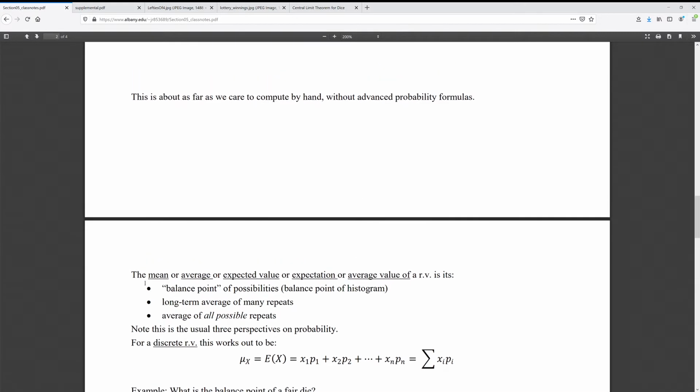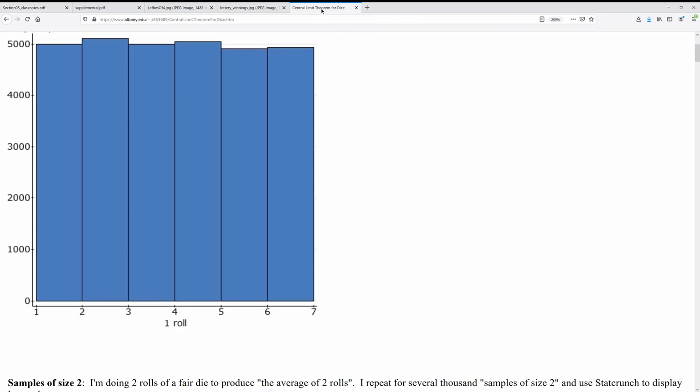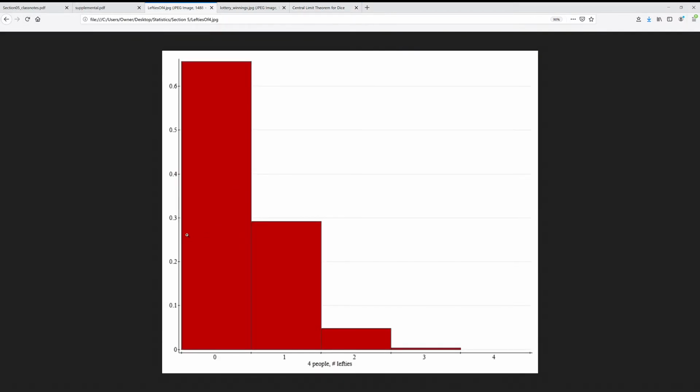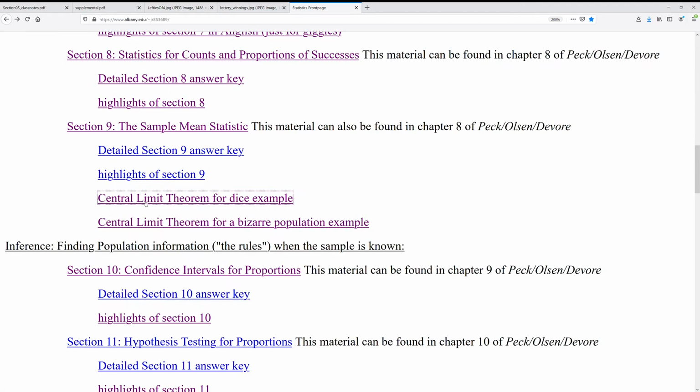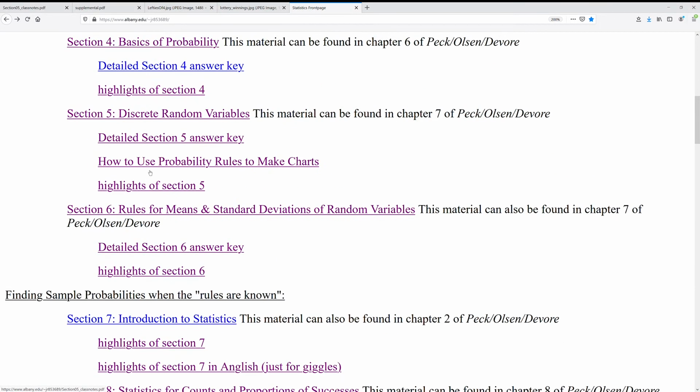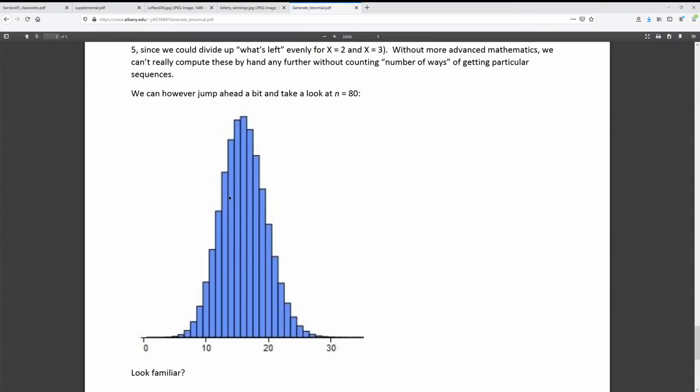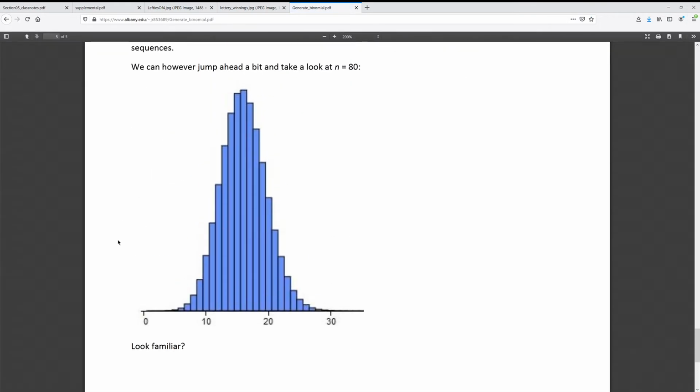Now, the concept of the balance point of possibilities makes sense, whether you've got 6 possibilities or something a bit more complicated like this, or what else did I do here? Well, here it is again, many bars.